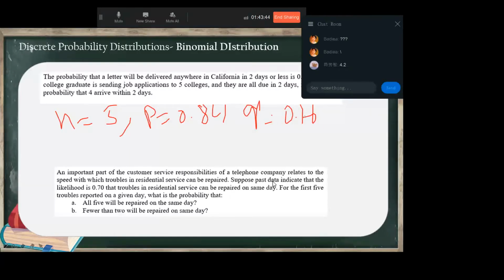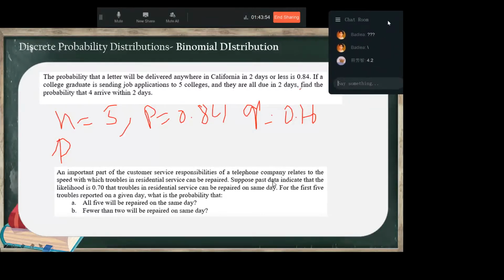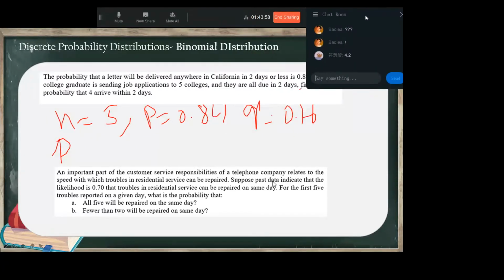Now, what he's asking is that 5 letters are all due in 2 days. Find the probability that 4 arrive within 2 days. So probability of X equal to 4. Can you simply calculate it quickly?